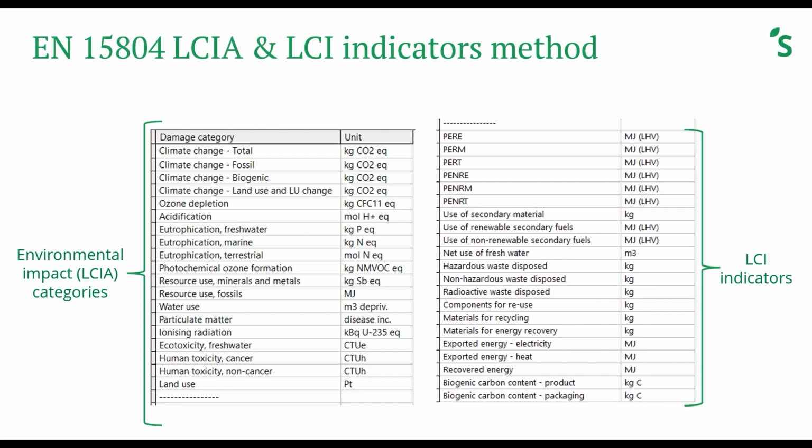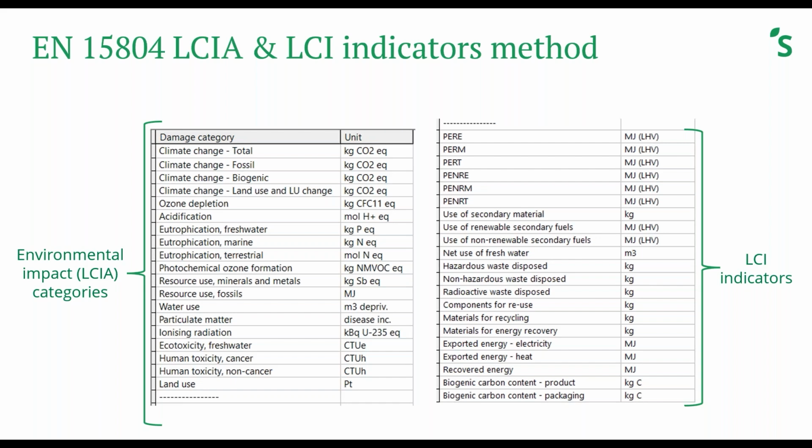More interesting is below the dashed line. We decided to use a dashed line to make a clear separation between the environmental impact categories and the life cycle inventory indicators, because they are totally different things.